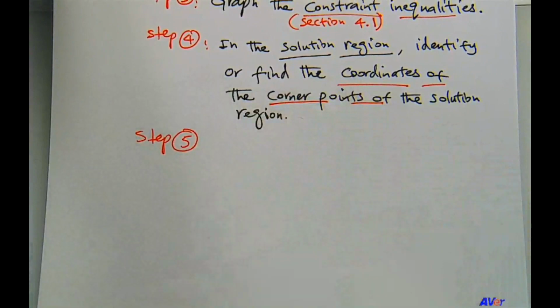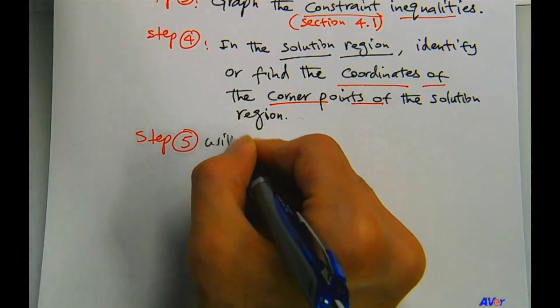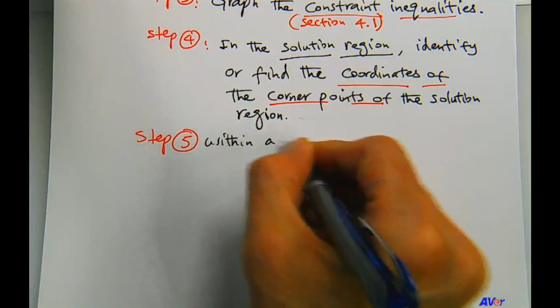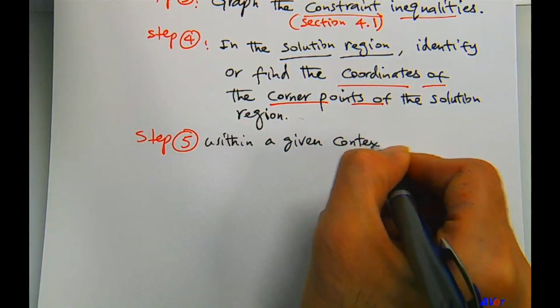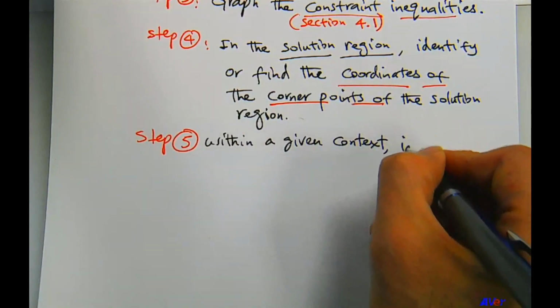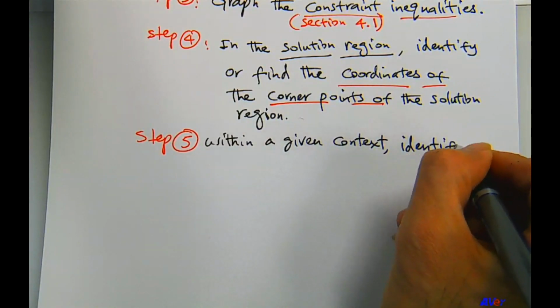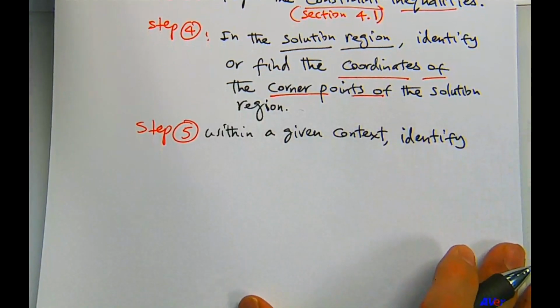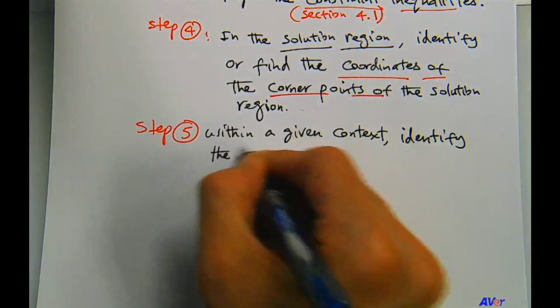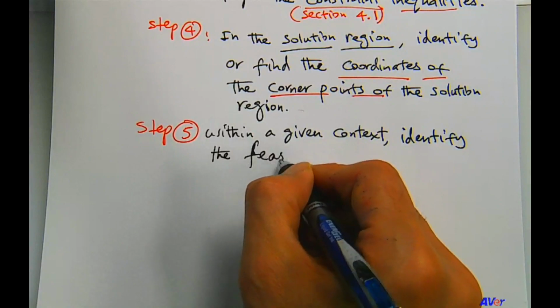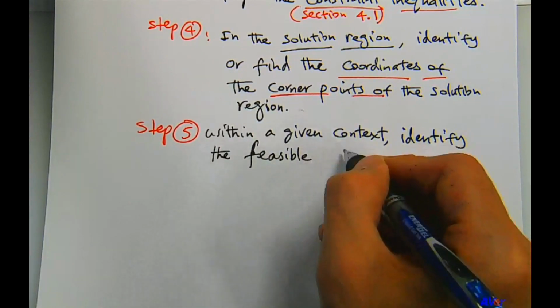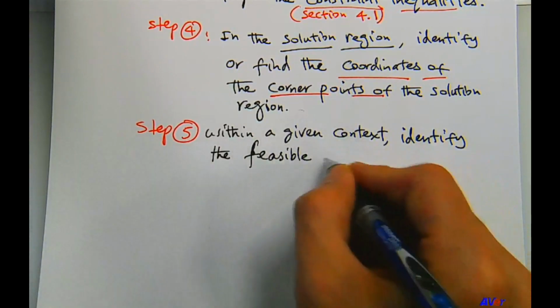Okay, so the next step, within a given context, you want to identify the feasible corner points.